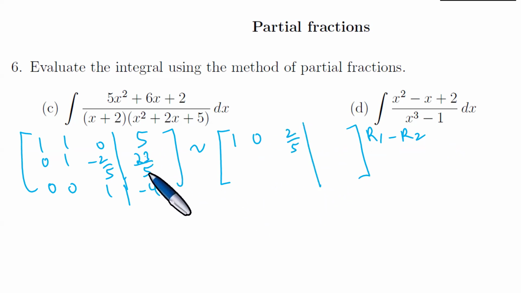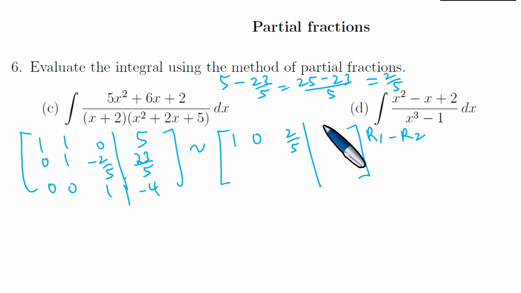Row 1 minus row 2: 5 minus this is, let's check, 5 minus 23 out of 5. 25 minus 23 out of 5 is 2 out of 5. And then this one is 0. 1 minus 2 out of 5, 23 out of 5.